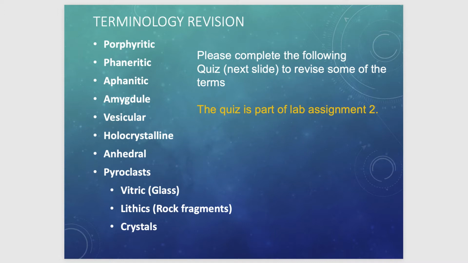A holocrystalline rock is a rock that could be considered a phaneritic rock, but most of the rock is represented by crystals essentially. In some cases, you might have holocrystalline rocks that are not really phaneritic because the crystals are too small.